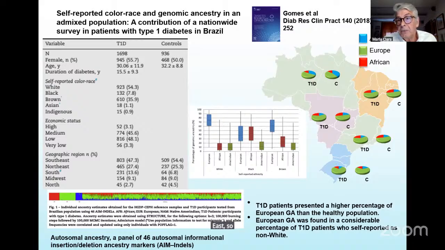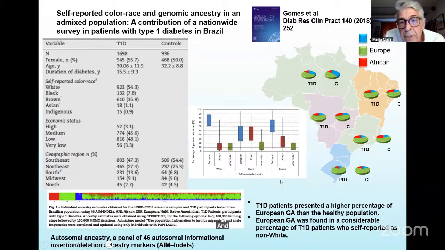So there are differences in this genomic ancestry background, and there is an association of type 1 diabetes with a more pronounced background of European ancestry. But auto-declaration gives good information, though as you can see, people that declare themselves as black also had some European background.